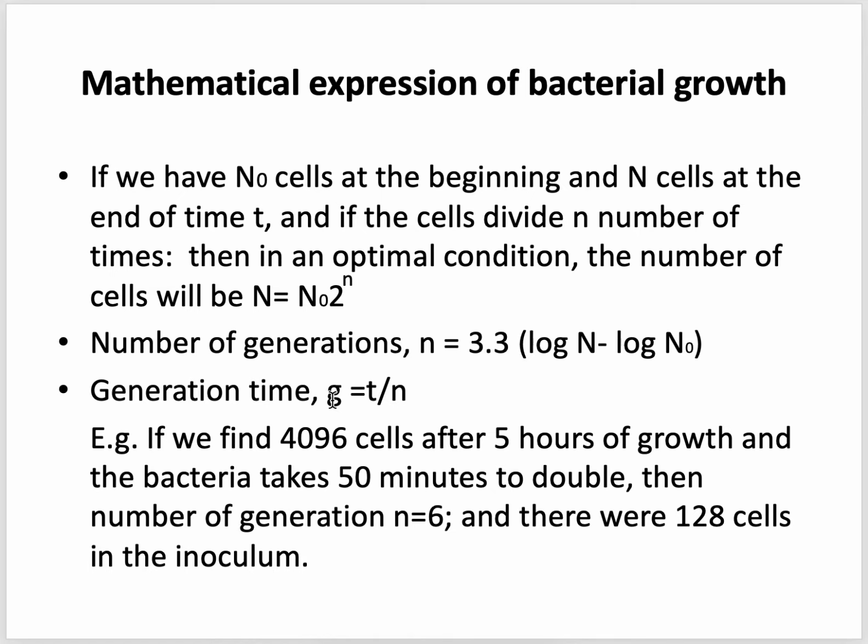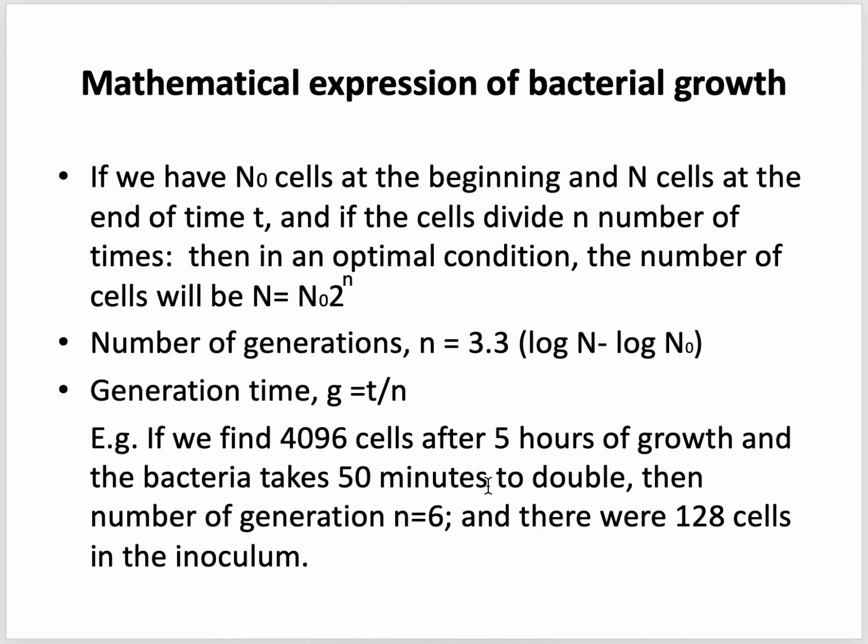Let's try to understand this equation with an example. Suppose we find 4096 cells after 5 hours of growth, and the bacteria takes 50 minutes to double. That means the generation time of this bacteria is 50 minutes, because in 50 minutes daughter cells are generated from the mother cell.